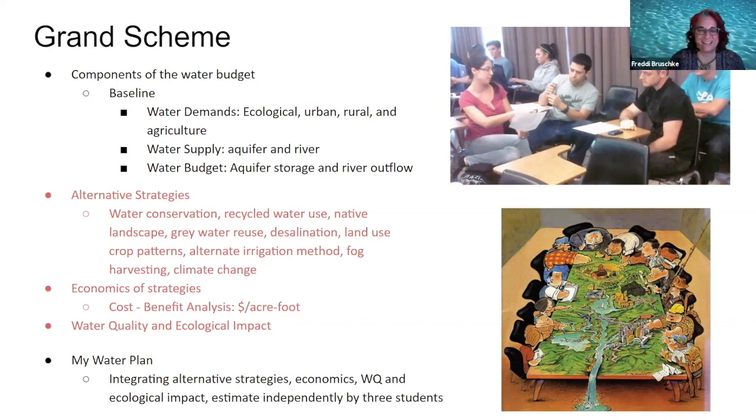This first part is super time consuming, because we want to have all the details. For this part of the alternative strategies, we're just putting literary paragraphs on water conservation, things that you're going to be changing, this and this.